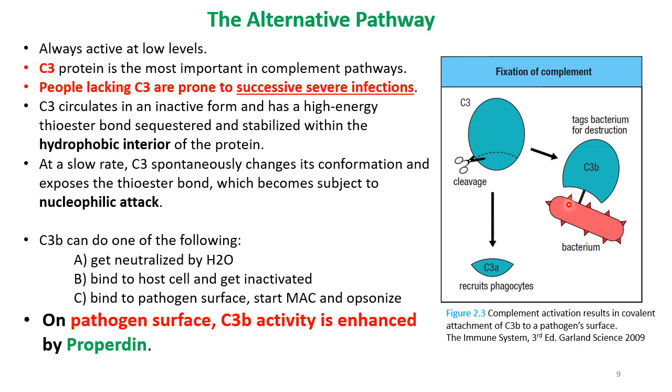Besides, you're also going to do opsonization of the pathogen. If a pathogen was sneaking away from immune cells, just floating in your blood, then this can catch it, tag it, and destroy it. Remember, on the surface of the pathogen, this interaction is going to be stabilized by the other floating protein, properdin.